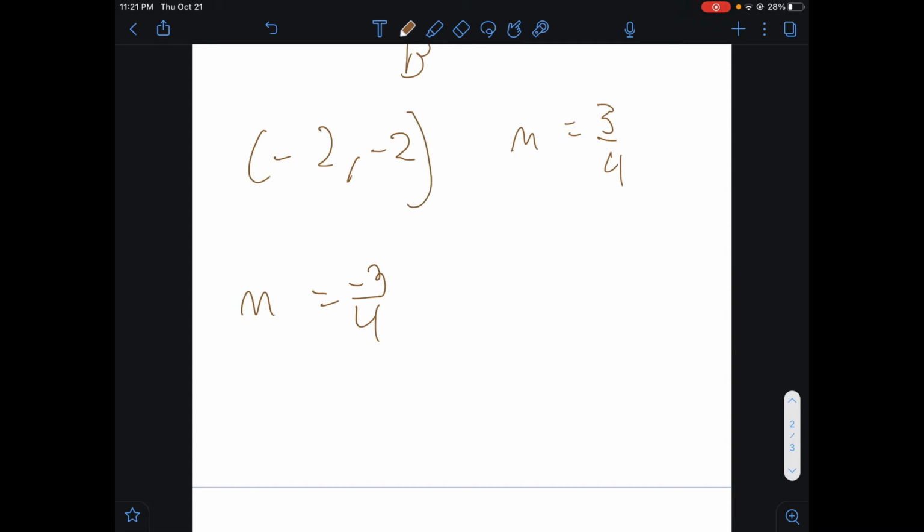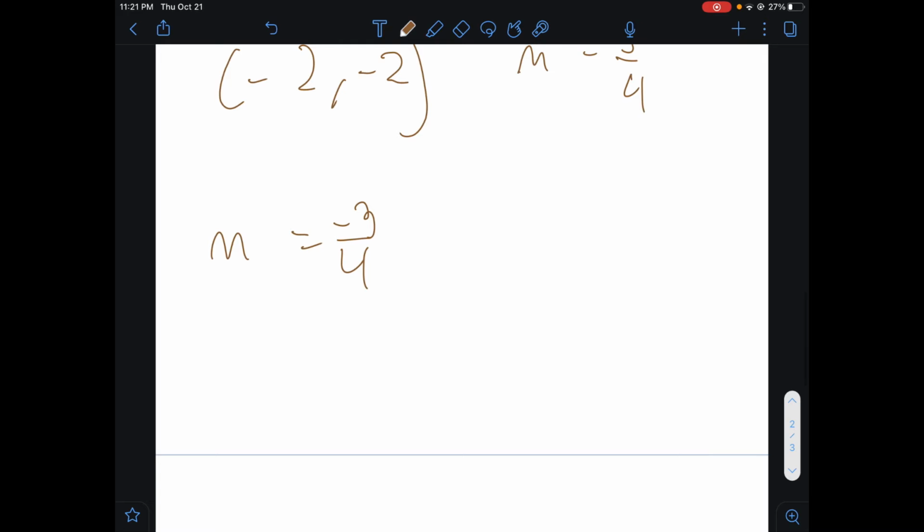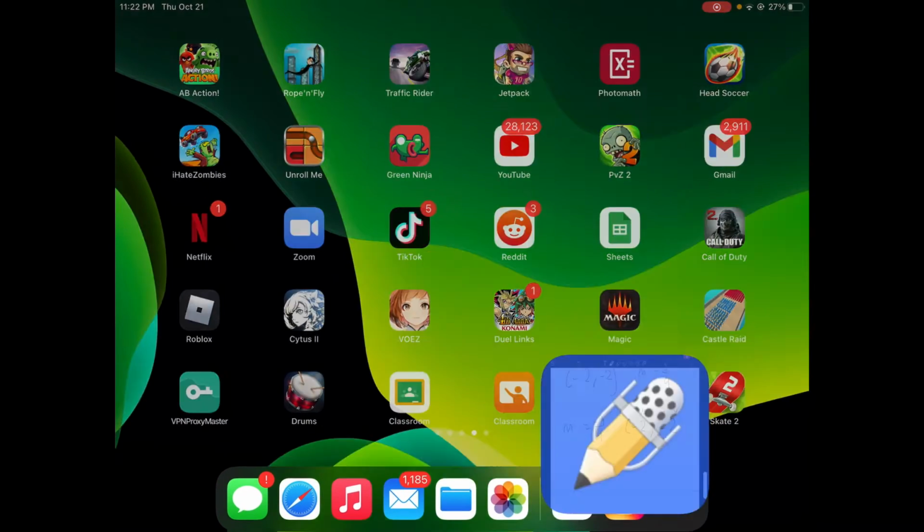The points are in an x and y axis, and we don't want them to be alone, so we're gonna put x1, y1.